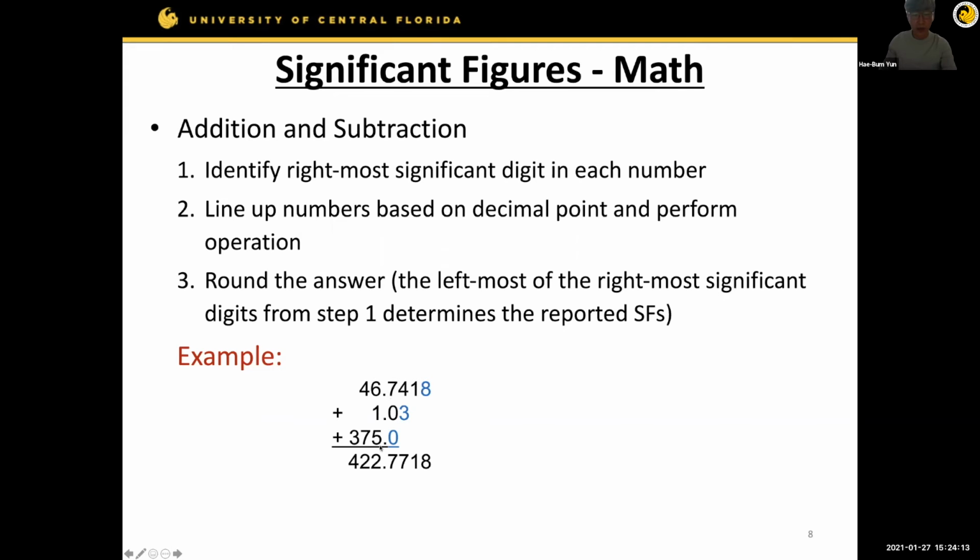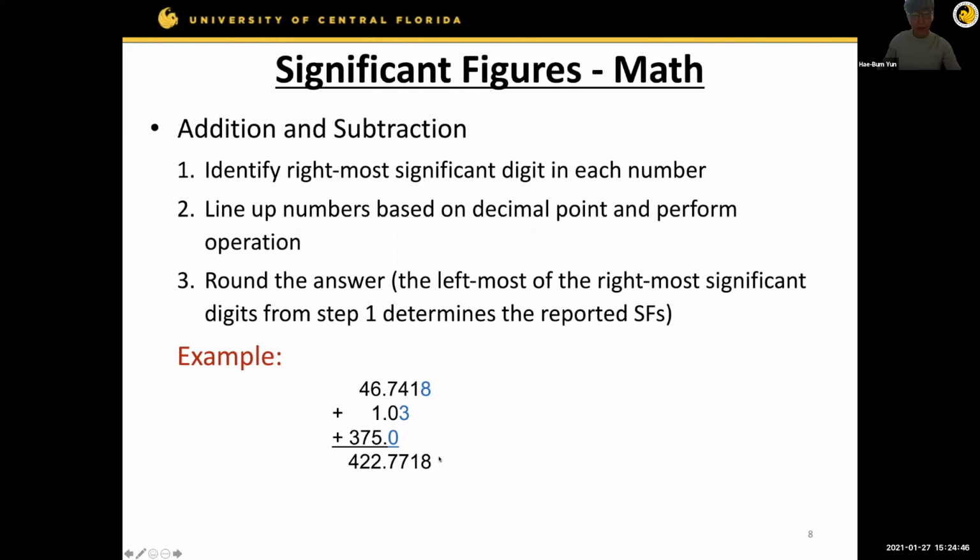So then we have 3 numbers, and we have an addition of these 3 numbers. The first step is we line up the numbers with respect to the decimal points. And then the last digits are the uncertain numbers, right? Then we can take the summation here.